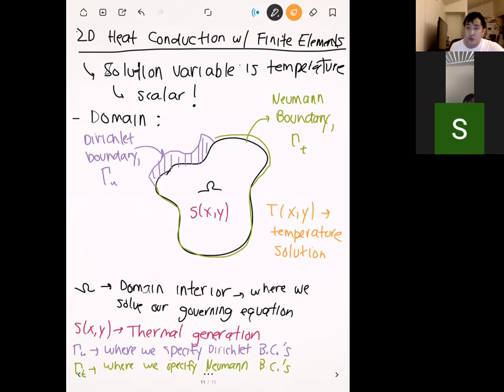But just keep in mind that we're going to be applying these boundary conditions on different parts of the boundary, and we have to have a way to label them one way or another. And then one last thing I always forget: we have our outward normal vector n. Any questions on just the definition of the domain and the boundaries?